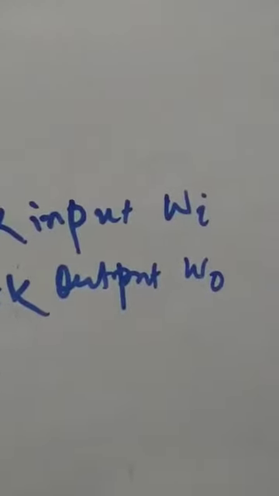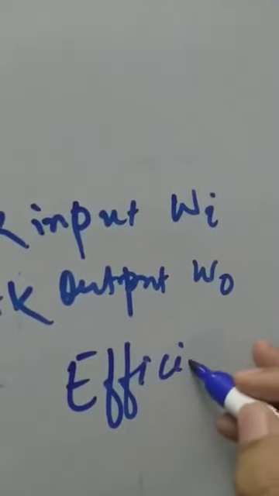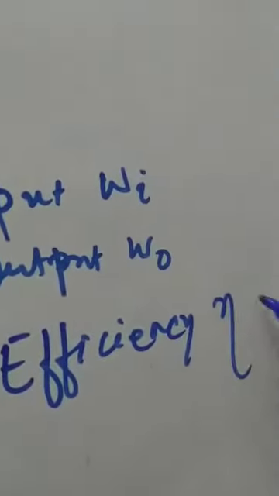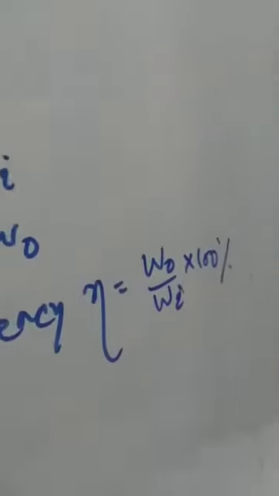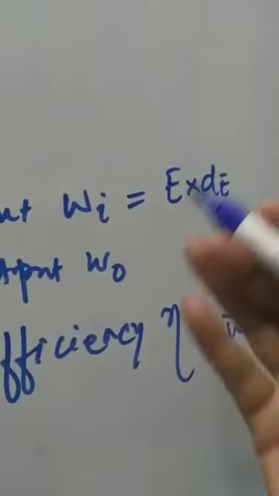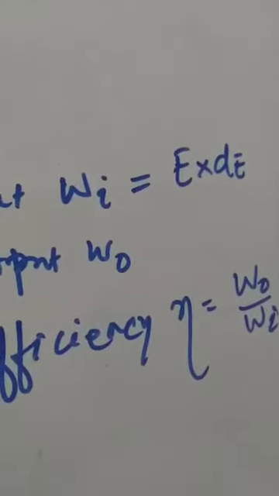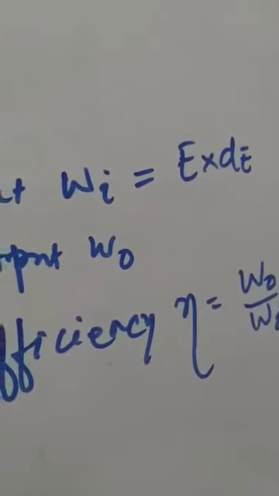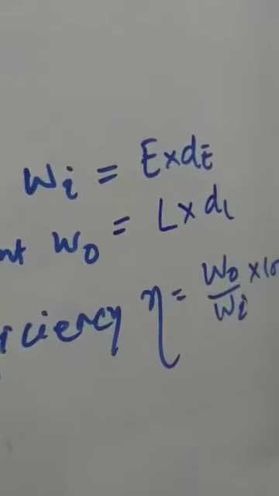Okay, so then we define the efficiency of a machine, eta, as work output by work input. Generally it is expressed as percentage, so into 100%. Now if I try to put the values, work input is the effort into displacement of the effort. When you studied the work energy chapter, you know work is equal to force into displacement. So here work input will be effort into displacement of effort, and work output will be L into dL, load into displacement of the load.